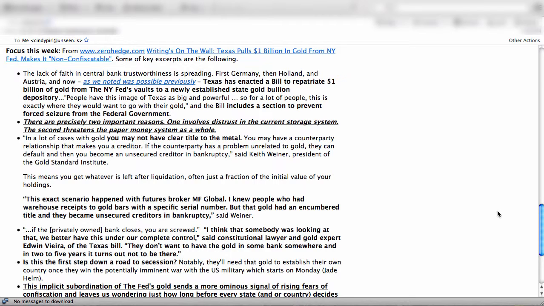If the counterparty has a problem unrelated to gold, they can default, and then you become an unsecured creditor in bankruptcy, said Keith Weiner, president of the Gold Standard Institute. This means you get whatever is left after liquidation, often just a fraction of the initial value of your holdings.